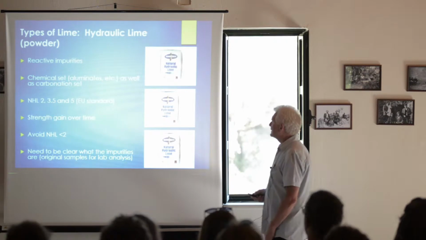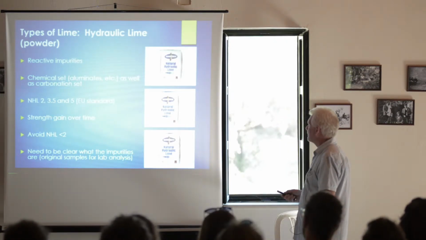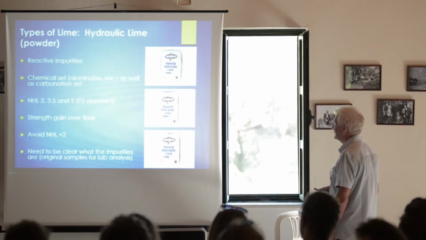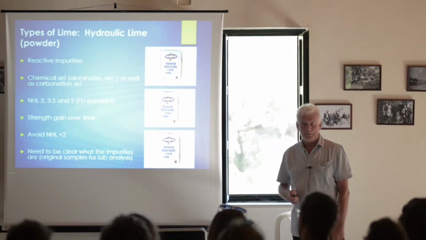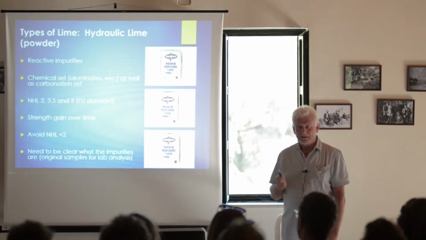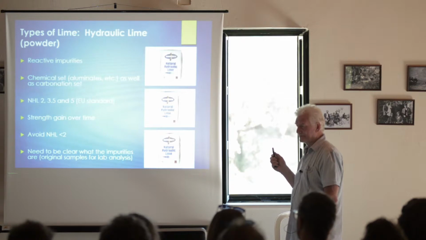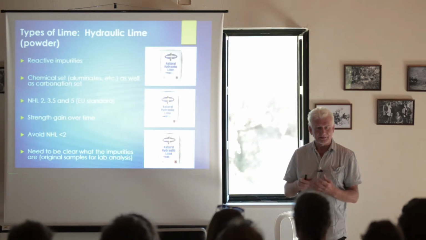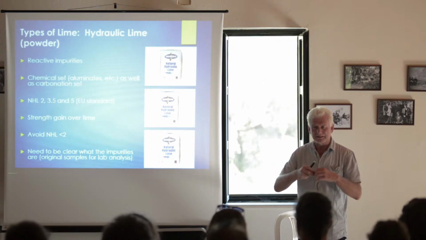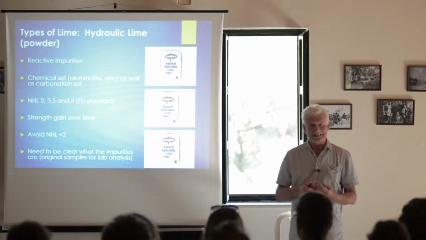So, let's have a look at hydraulic lime. Hydraulic lime comes in a powder. And this is part of the production process. You'll see in a minute how this lime is actually made by burning it in kilns.